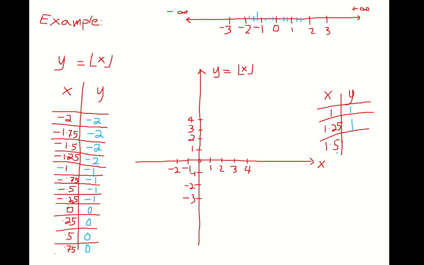And 1.5, 1.5 is here. When you round this down, it should be to 1. So 1 is the greatest integer function of 1.5. Okay, so we have now the coordinates x and y.